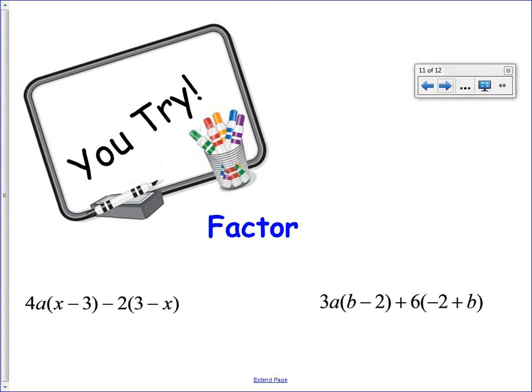Good job. Careful, are these the exact same? Are these the exact same? Yes.